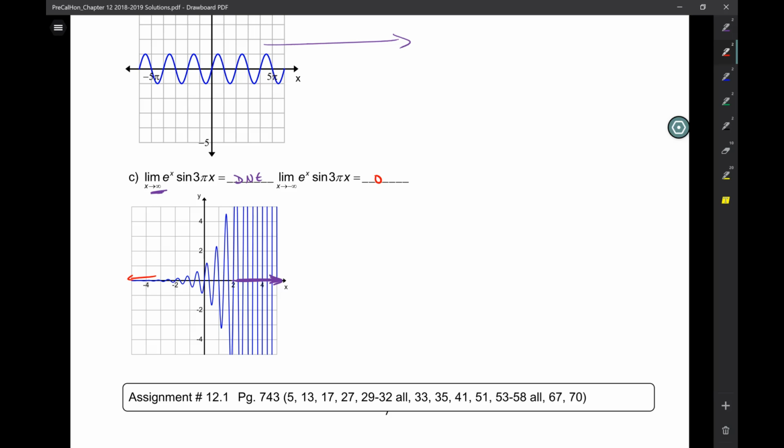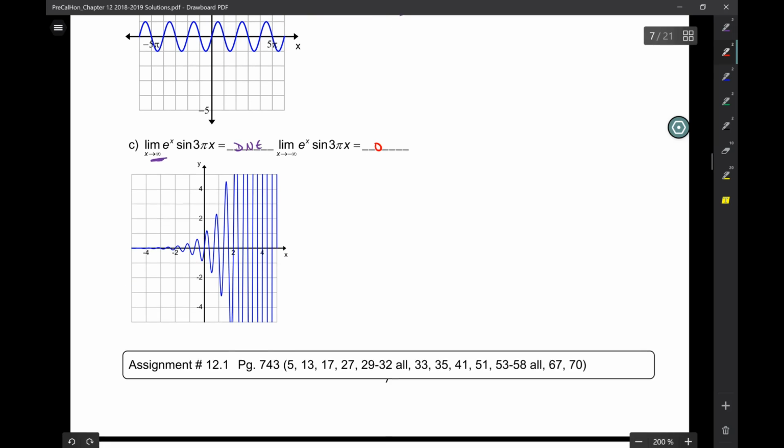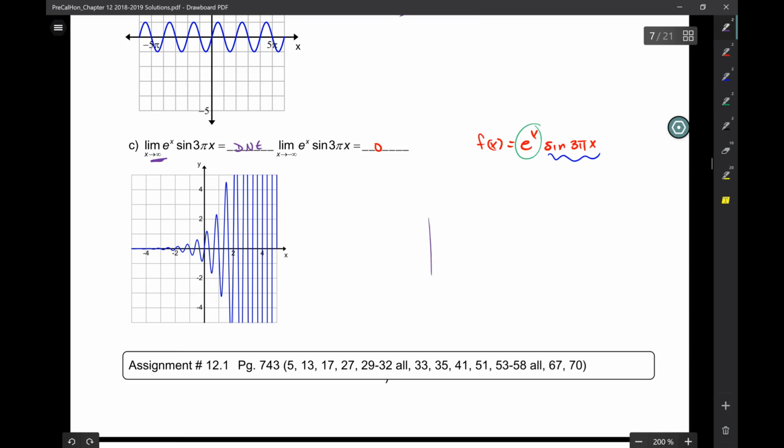Let me talk about one thing here. This is a function that looks like this: e to the x sine 3 pi x. So we know what sine does, it oscillates. And we know what e to the x does, right?